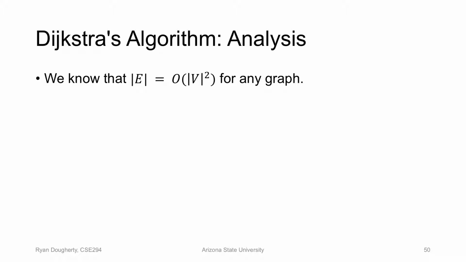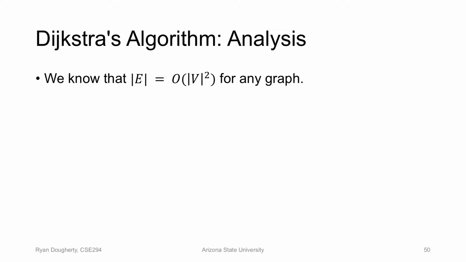So let's think, well, I say here for any graph. So let's think of a graph, say n vertices, with the most number of edges possible. So the complete graph, right? So there's an edge between every single pair of vertices. So how many edges, what order is there? So every vertex has n minus 1 edges to all the other n minus 1 vertices.